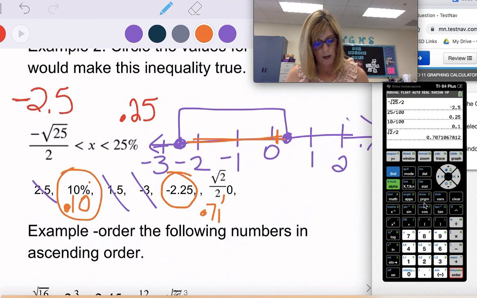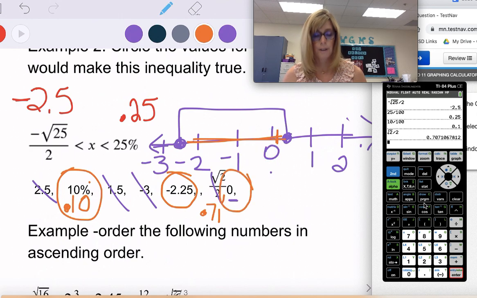So 0.71 is going to be greater than 0.25. So 0.71 would be over here closer to the 1. So that's not within that region, so we can cross that one out. And then the last number is 0, which you can see right here that 0 is in that region, so I'm going to circle 0.